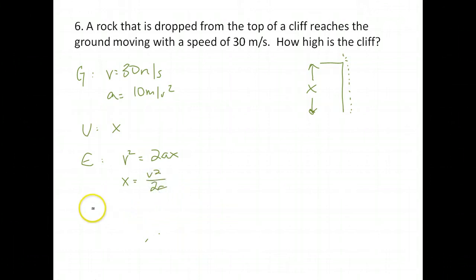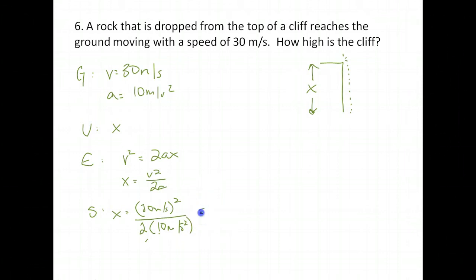And then we simply substitute our numbers in. So we've got x equals v squared. Our velocity again was 30 meters per second. We're going to square that, divided by 2 times our acceleration, which is 10 meters per second squared.